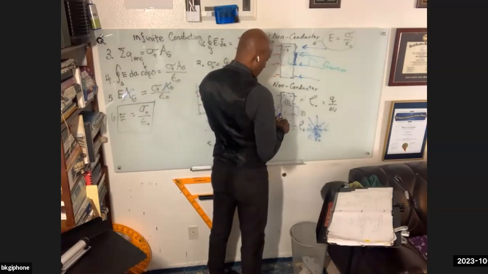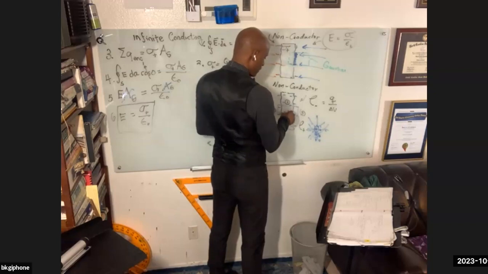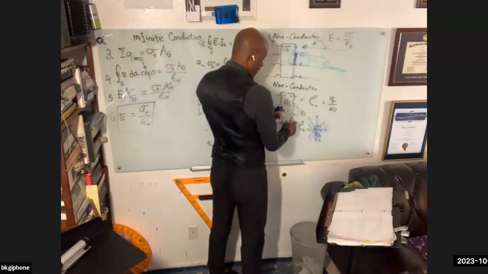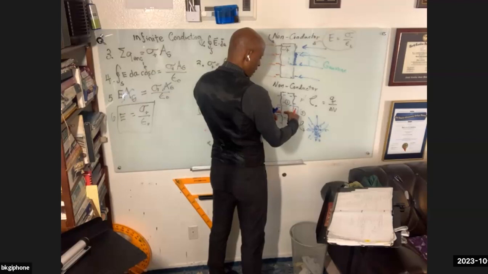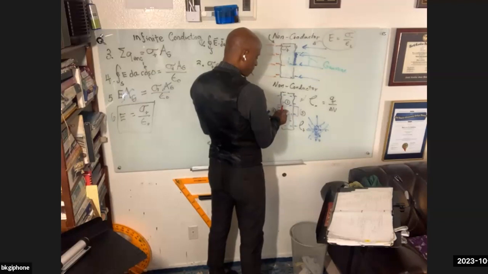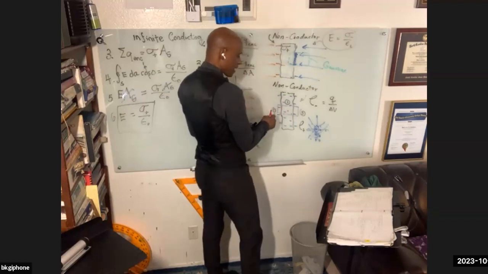When you're right in the middle, there's enough charge on either side to cancel the field right at that point. But when you start to shift over, now there's going to be more charge on this side than over here. So you start to see a little bit of a field, where if it's negative, it's pointing back in that direction, and that just increases as you go outside, right?